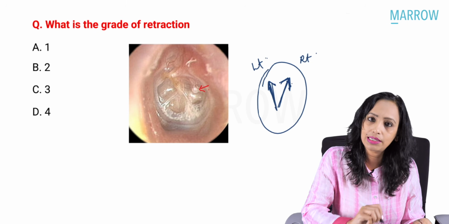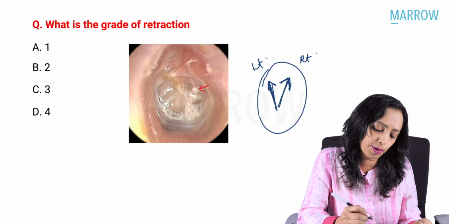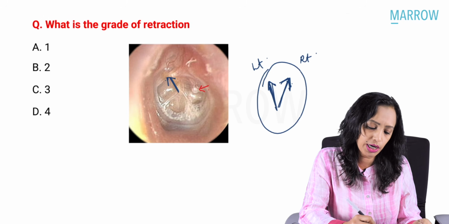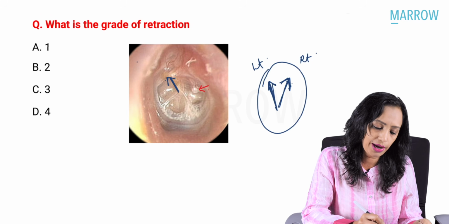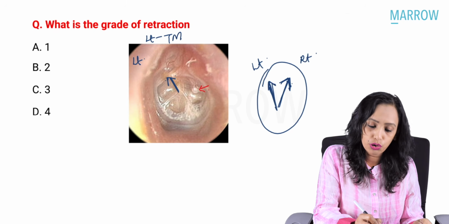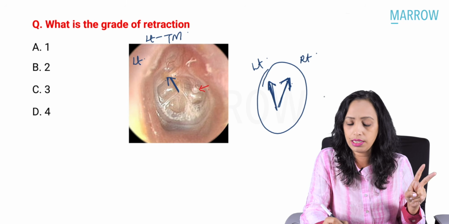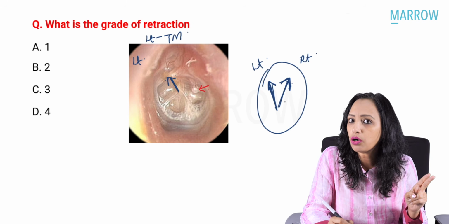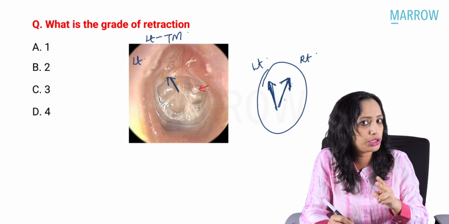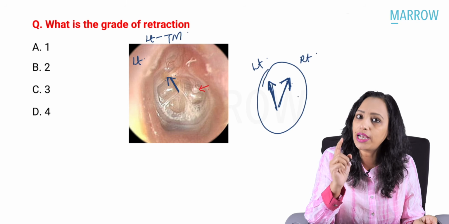Now in this endoscopic picture, this is the handle of malleus, so it is pointing towards the left, so this is the left tympanic membrane. And also the second thing that we have to see is which is the anterior part of the middle ear or the tympanic membrane, and which is the posterior part. How do we come to know that?